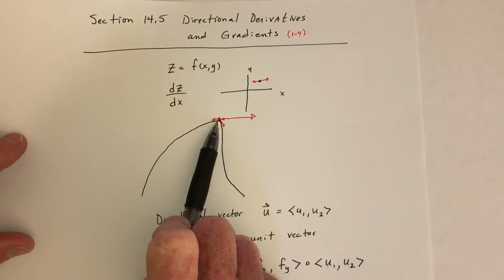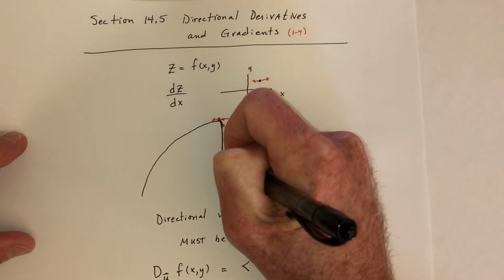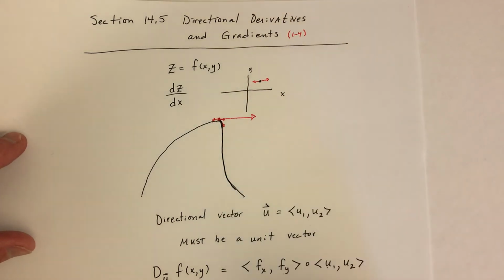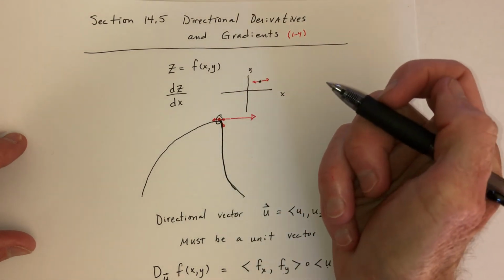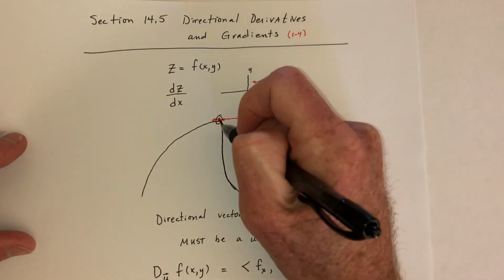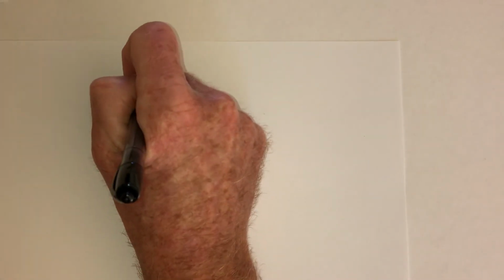So at this point, what's the fastest way down? Well, the fastest way down would just be slide down this 1,000-foot cliff. That's the fastest way down. Or in other words, when you're at this point, what direction do you go so that the derivative, or your velocity, is going to be maximum? Well, that's what the gradient theorem is about.